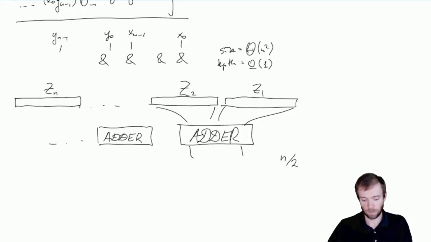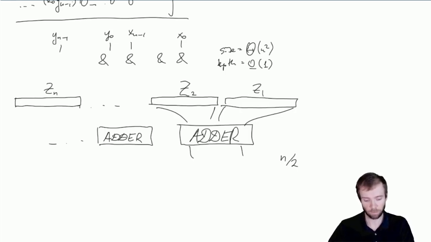So each time we now apply this layer of adders, and all the adders work simultaneously in parallel, we reduce the number of numbers which we need to add by a factor of 2.